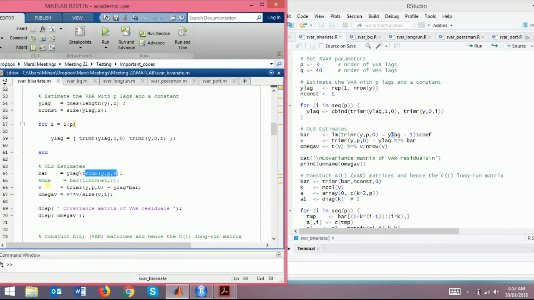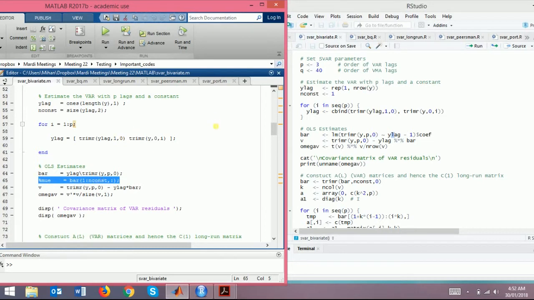Then we have mu, which will be 1 to number of constant rows for all columns. So basically what I'm suggesting here is that mu is just the number of constants.